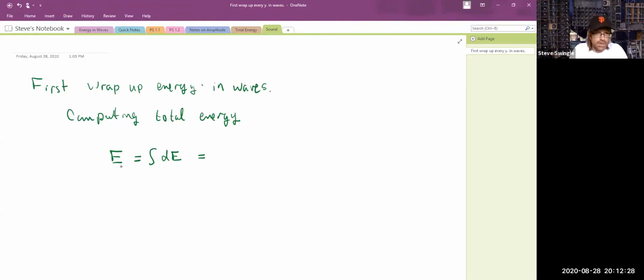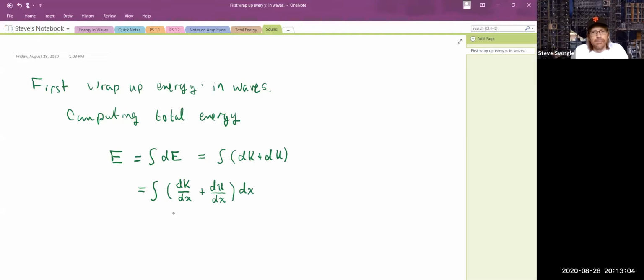In the case of a continuously varying function, that can be done by doing an integral. This would be like dK plus dU. We actually have kinetic energy and potential energy per unit length, which is nice because that allows us to do this integral with just one integration variable, x.